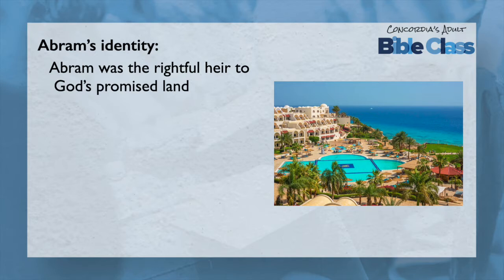It's the first observation to make, and it's all throughout chapter 12 and then chapter 13: Abram was the rightful heir. This is going to be important when we talk through how this conflict is resolved or managed.